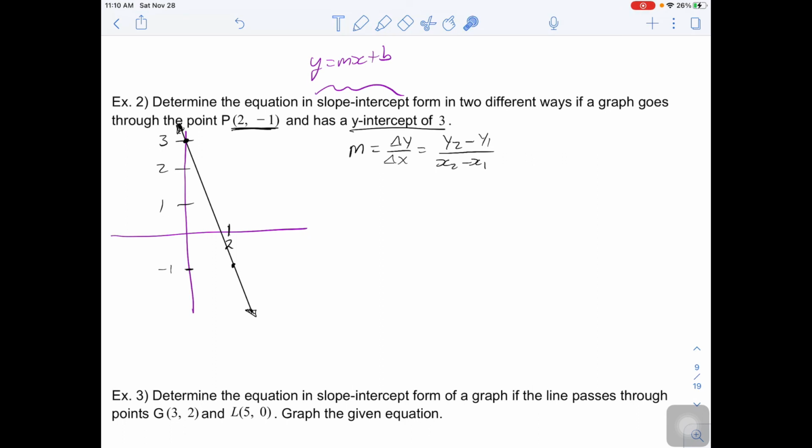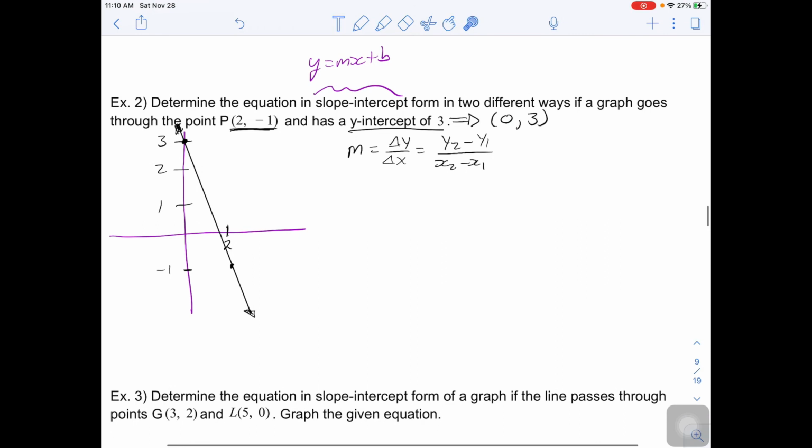Okay, because this corresponds to a coordinate point. Remember, your y-intercept is when x is 0. So this is 0 and 3. So now I can name these two coordinate points because they exist on my graph.